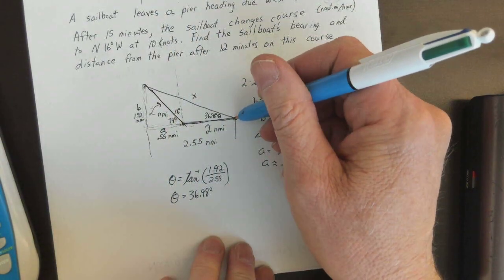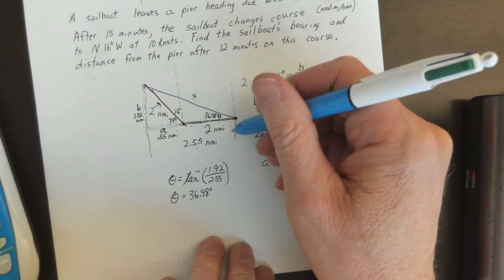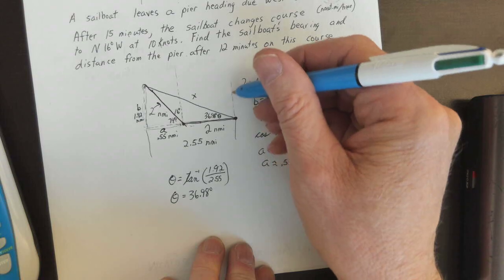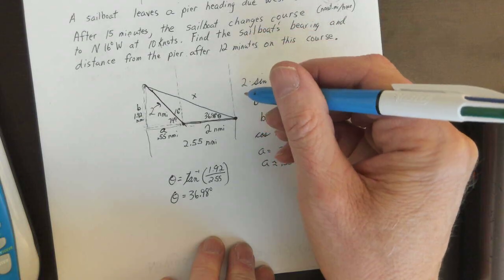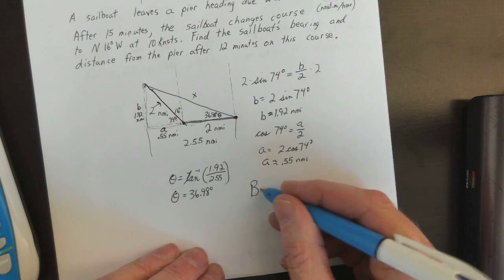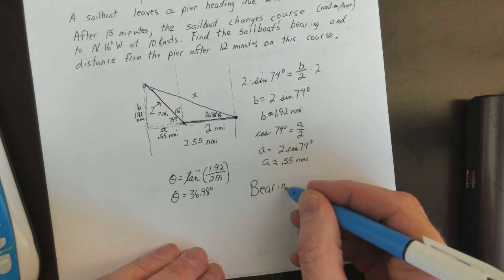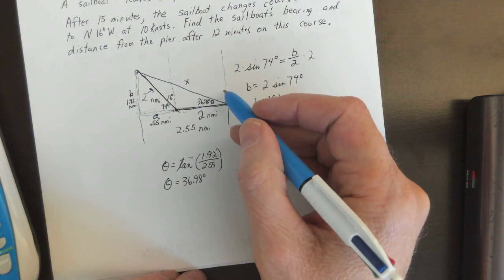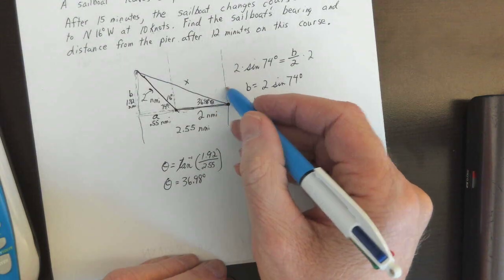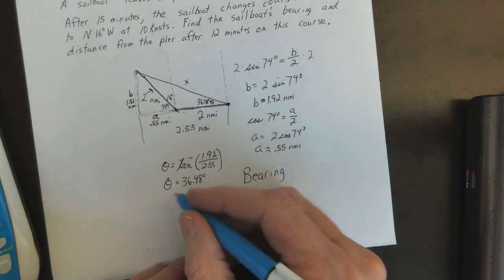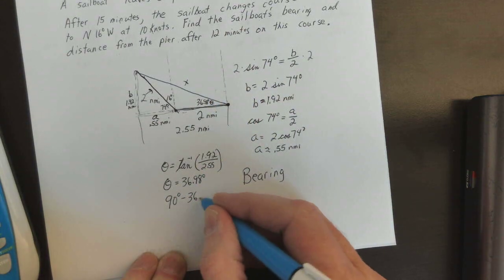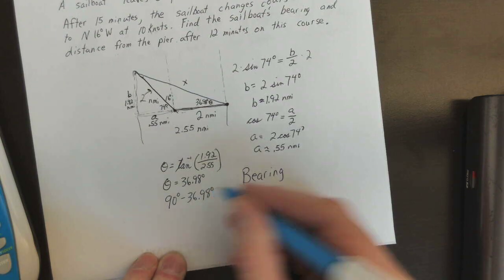Now, remember the acute angle, if I go off of south, that's an obtuse angle. So we're going to go off of north. So my bearing, these are complementary angles, I'm going to take 90 degrees minus 36.98 degrees.